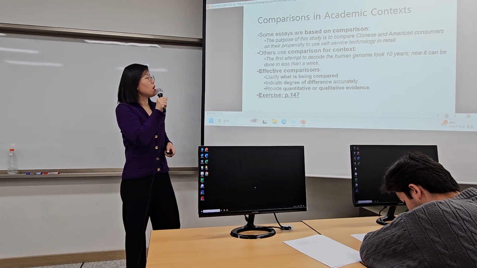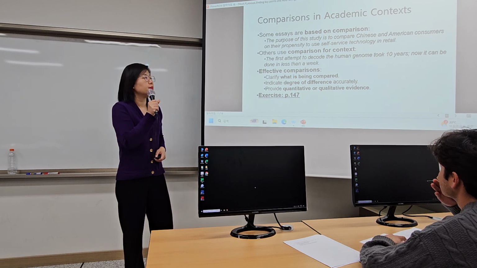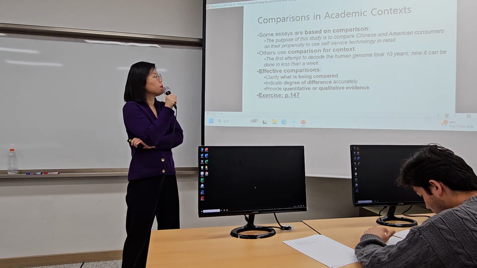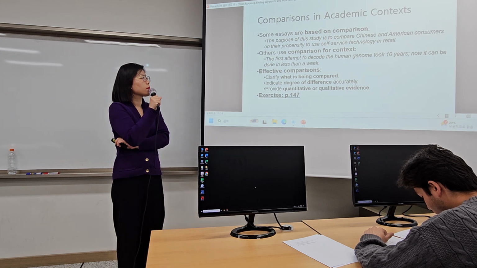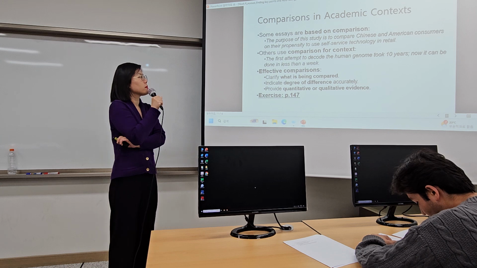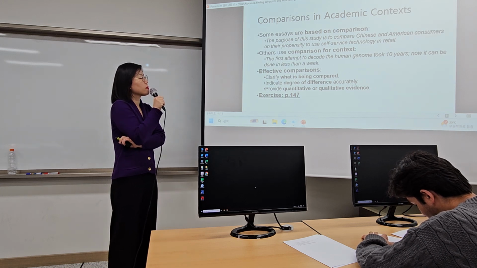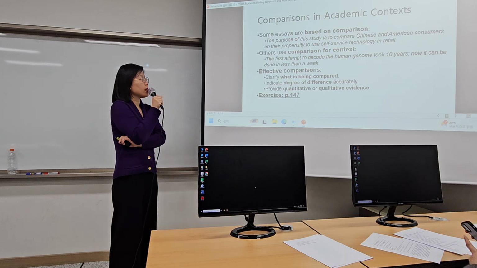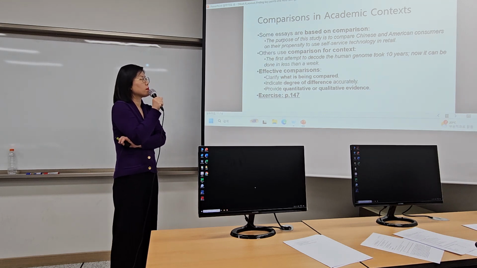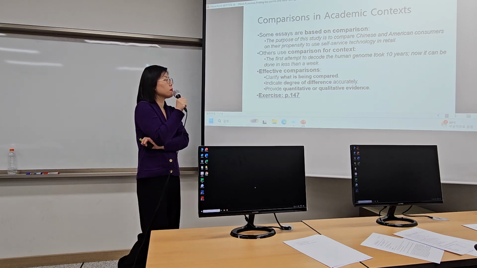All right. So what other comparisons are there in academic contexts? Some essays are based on comparison: the purpose of this study is to compare Chinese and American consumers on their propensity to use self-service technology in retail. Others use comparison for context: the first attempt to decode the human genome took 10 years.